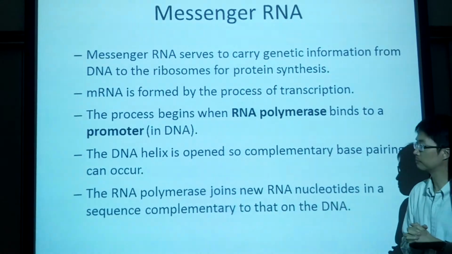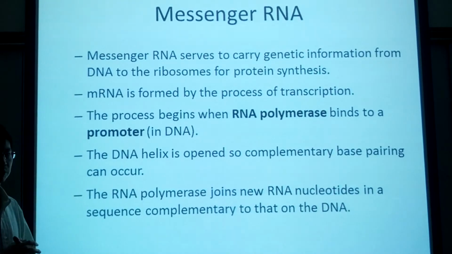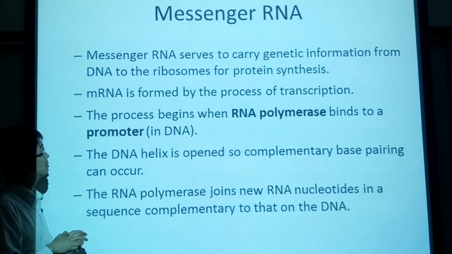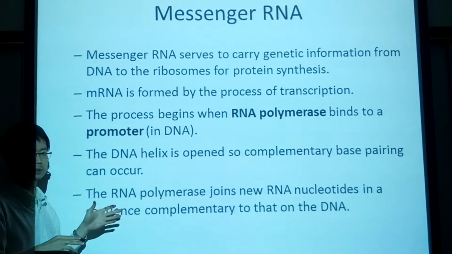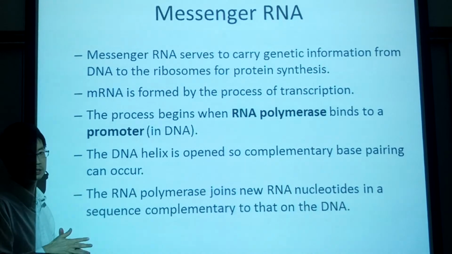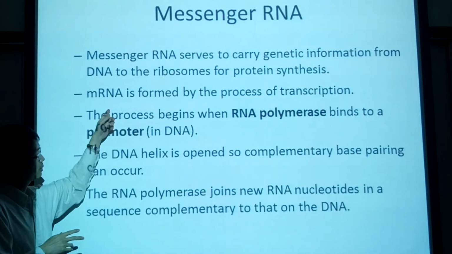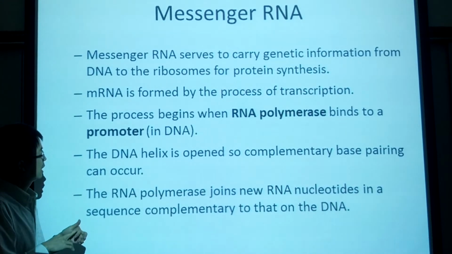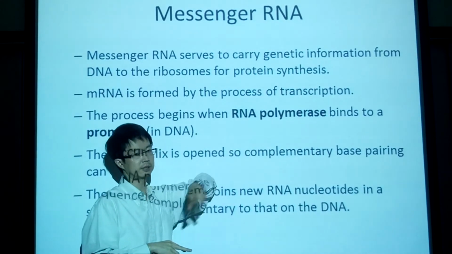Messenger RNA is the product of transcription. So it serves as an intermediate between DNA and protein synthesis. It is the product of transcription, and the process requires RNA polymerase.